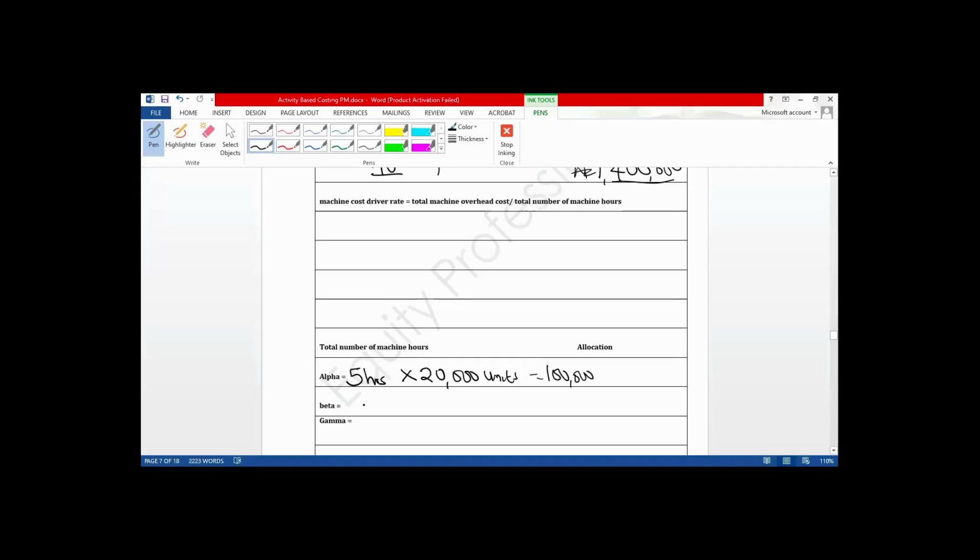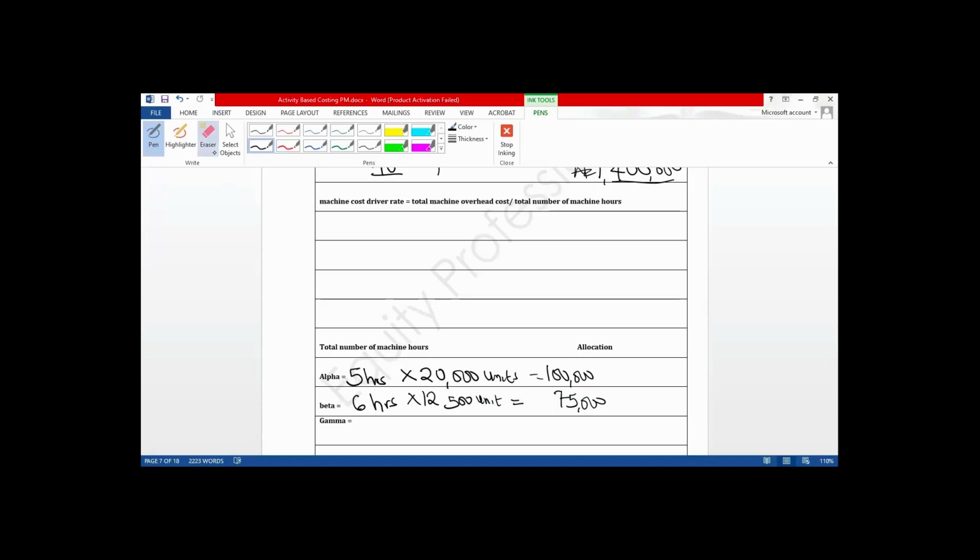For beta, 6 hours of machine to produce 1 unit of beta. Then you are going to produce 12,500 units. If you multiply 6 by 12,500, you require 75,000 hours of machine.